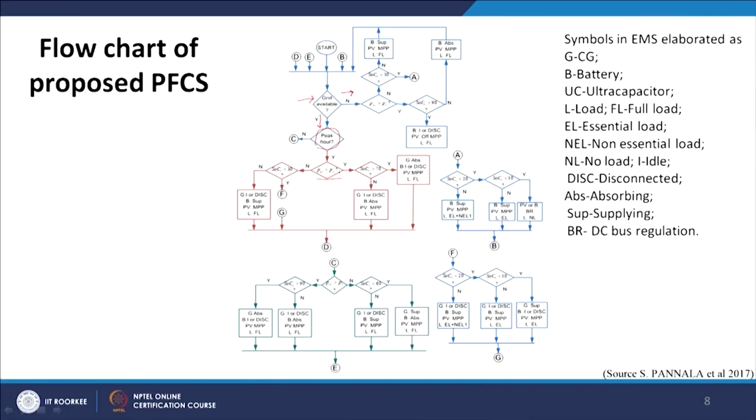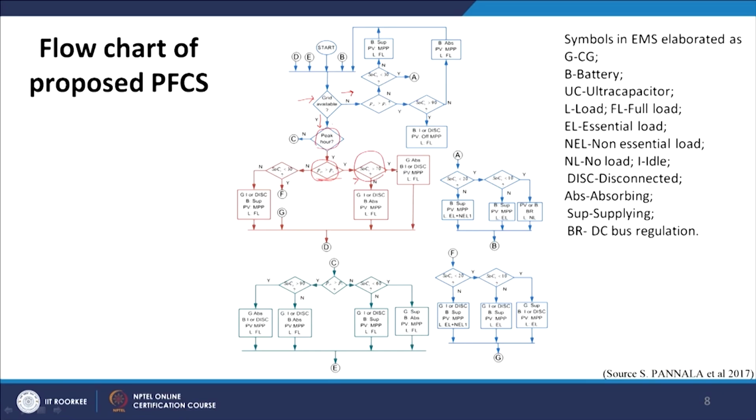I repeat, check whether the grid is available. If the grid is available, check whether it is peak hour or not. If it is peak hour, then check whether the power from the PV is more than P load or not. Now, when the power is more than the P load, then you check whether the state of charge of the battery is greater than 70% or not.